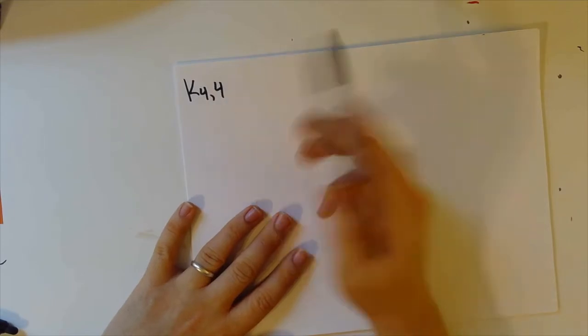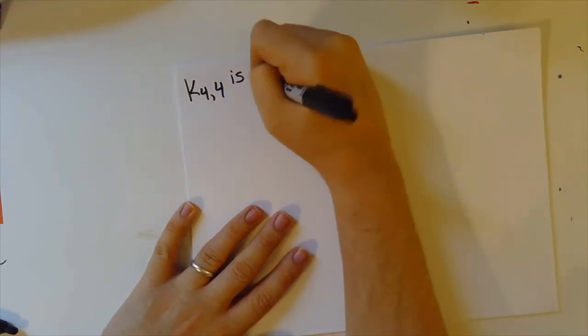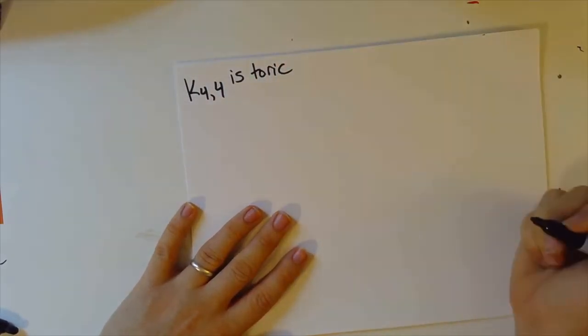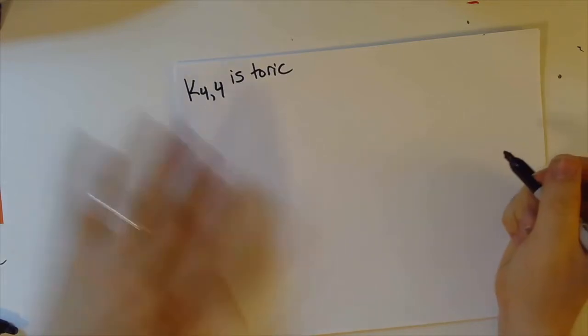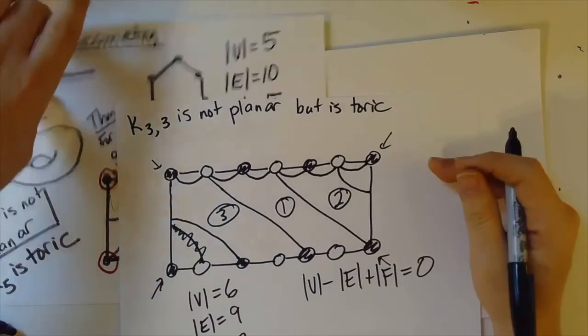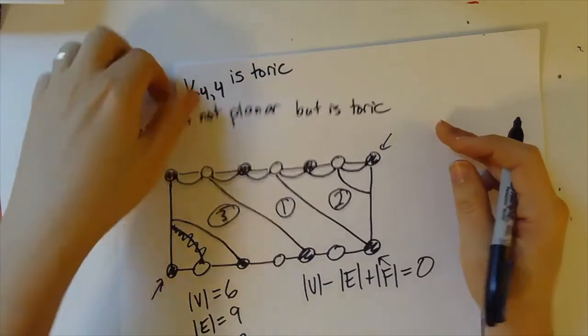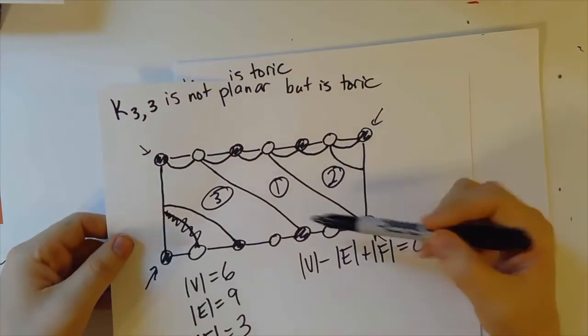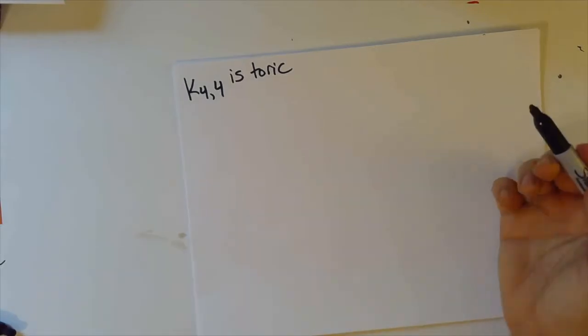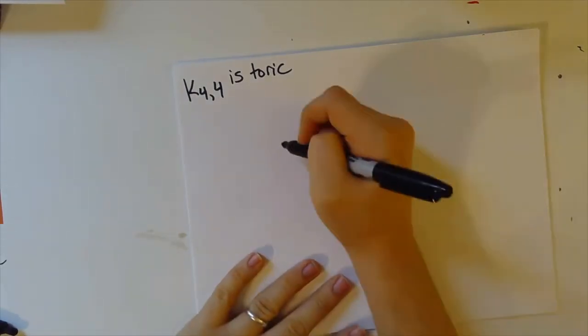So K44 is not planar, but it is toric. And actually, this picture is a lot nicer than this one. Okay. And if you want, actually, you could have gotten an answer to showing that K33 is toric in the same way that I'm about to do for this.